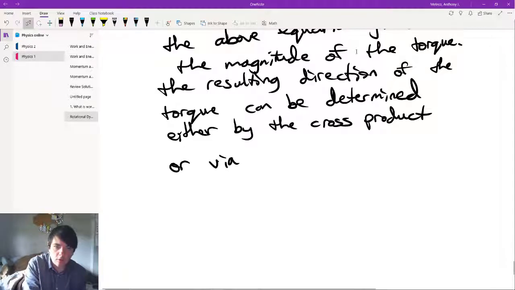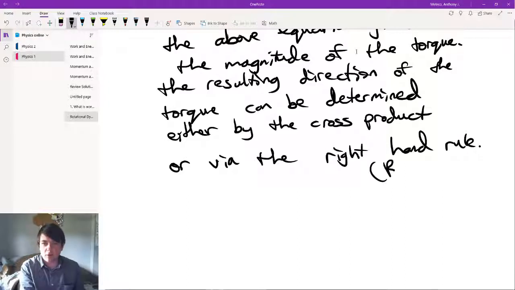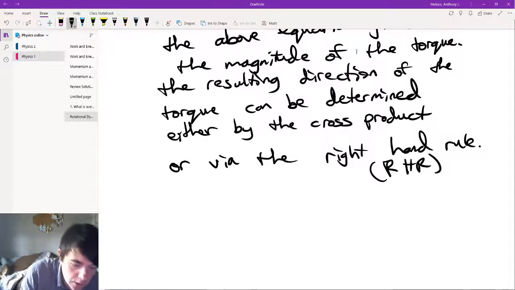or via the right hand rule, okay? I should write it out because it's the first time you're seeing it. And this is abbreviated as RHR. We will do more stuff with right hand rule in Physics 2.